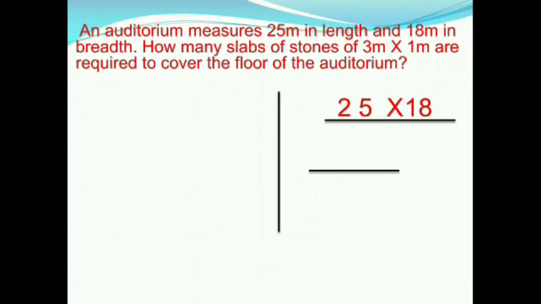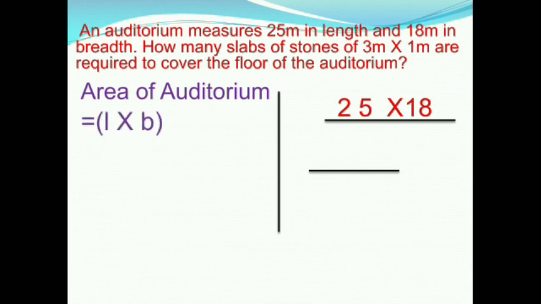Now we will solve another word problem. An auditorium measures 25 meter in length and 18 meter in breadth. How many slabs of stones of 3 meter into 1 meter are required to cover the floor of the auditorium? First we should find out the area of this auditorium.